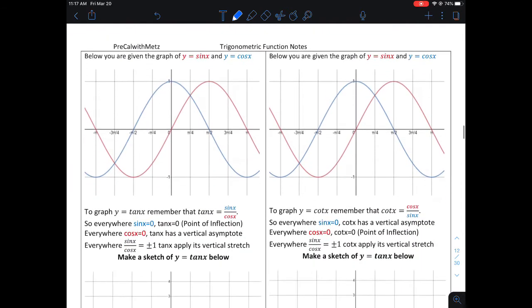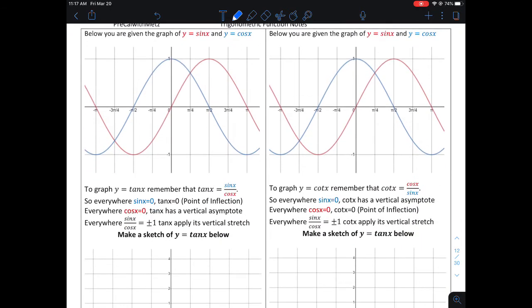Now let's go on to looking at the graph of tangent and cotangent. So remember, both tangent and cotangent functions are the quotient functions of sine and cosine. So I'll start with tangent. Tangent of x is sine divided by cosine. Now, I start this by thinking, all right, where is tangent going to be undefined?